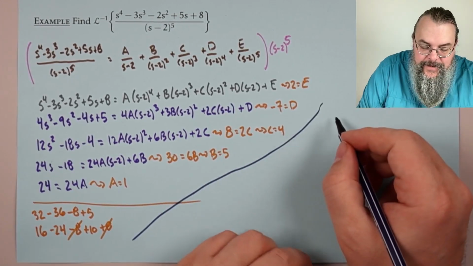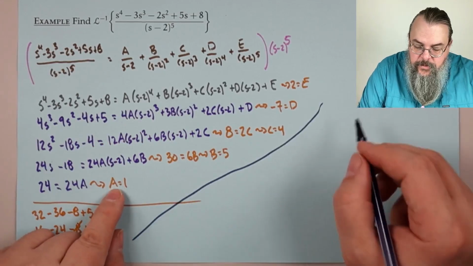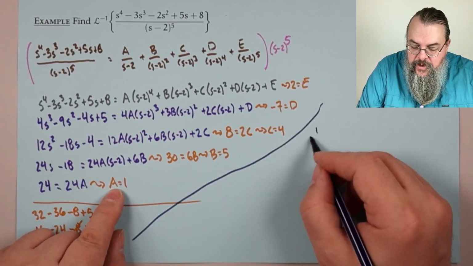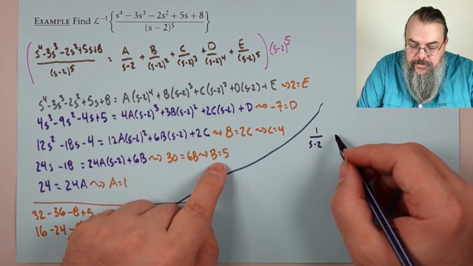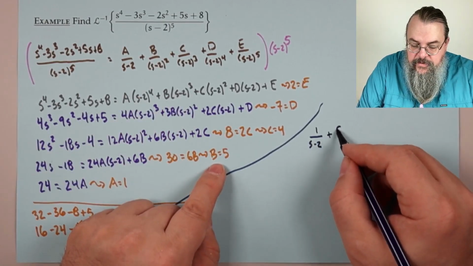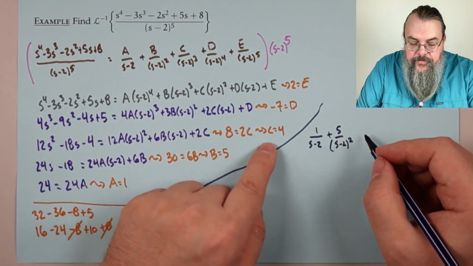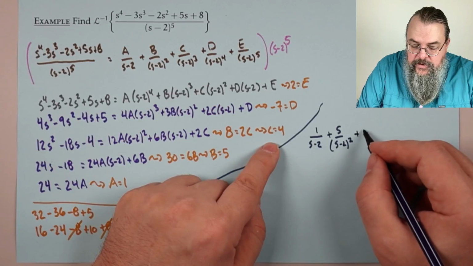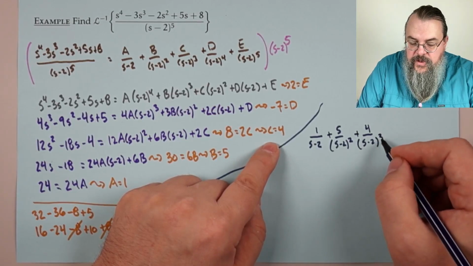We now have, well, okay, let's be careful here. a is 1, so we have 1 over s minus 2. Then we have b, which is 5, plus 5 over (s minus 2) squared. c is 4, so that's 4 over (s minus 2) cubed.